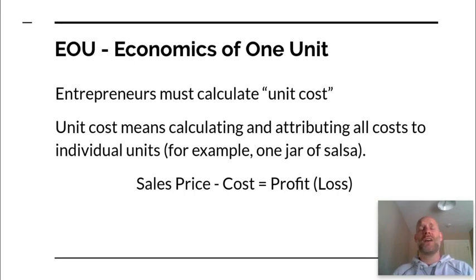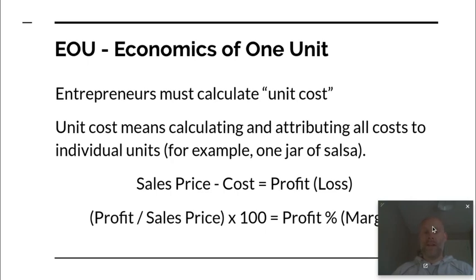My total costs are around $3.35 or so, so that's about $1.65 of profit per unit. And then, of course, you can calculate that on an aggregate or total basis. Over an entire year, I'll take my total revenues. If I sold 100 jars of salsa, that's $500, minus my total costs, gives me my profit.